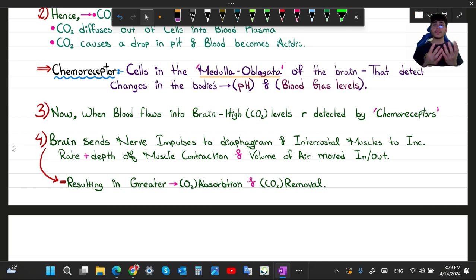They send a response to our diaphragm and intercostal muscles to increase the breathing rate so we can absorb more oxygen to make up for all the carbon dioxide removed. In the end, this will result in more oxygen absorbed and more carbon dioxide removed, and this increases our overall breathing rate.